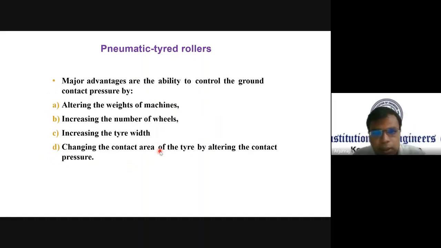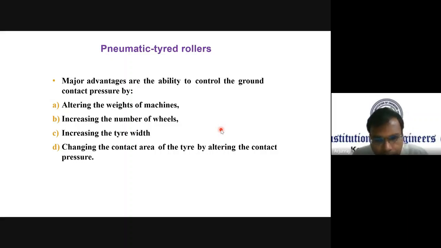The major advantages of the pneumatic type roller include the ability to control the ground contact pressure by altering the weight of the machine. It can also increase the number of wheels and the tire width. The size and shape of the tire are also very important, and that can be changed with pneumatic type rollers as well.